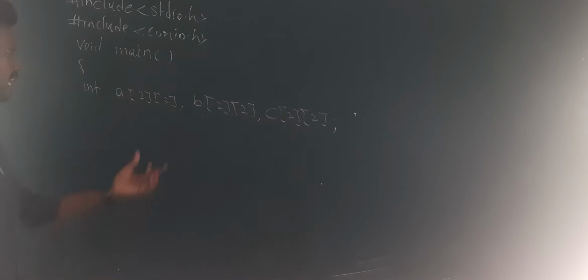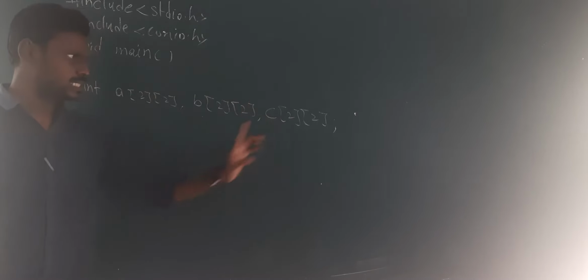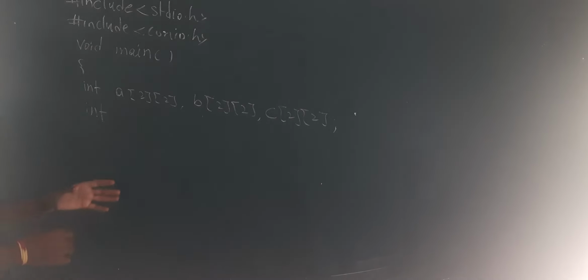I will multiply these two and store the result in C. Now I will declare a few more variables which are helpful for doing the multiplication, that is int i, j, and k. You will observe k also in the coding.